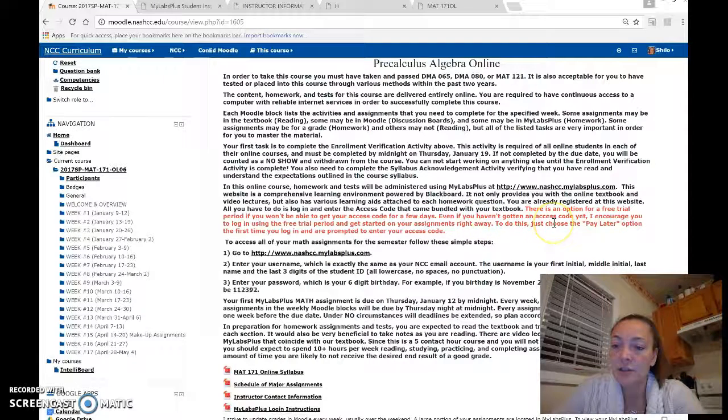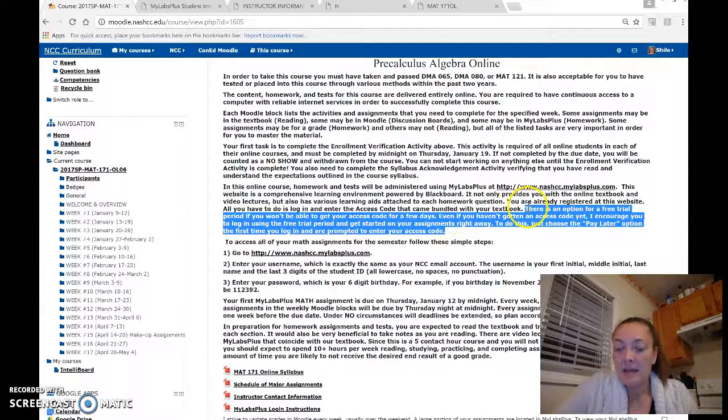All you have to do is choose the pay later option the first time you log in and are prompted for your access code. So you do not need your book right away to get started. So you will not have any assignments extended for not having your book. You need to get in there now and do your assignments.